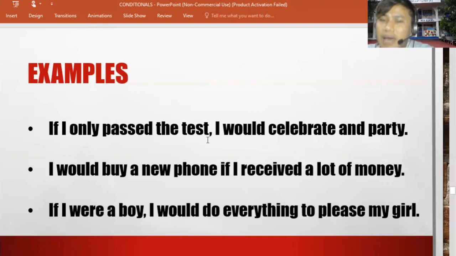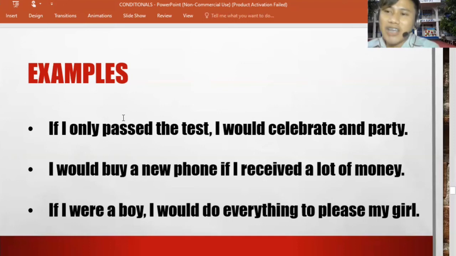So what will happen if he or she passed the test? Definitely, he or she would celebrate and party. Well, there's actually a possibility, I would say there is no 100% assurance that you as an individual will pass your examination, even though you have reviewed a lot.